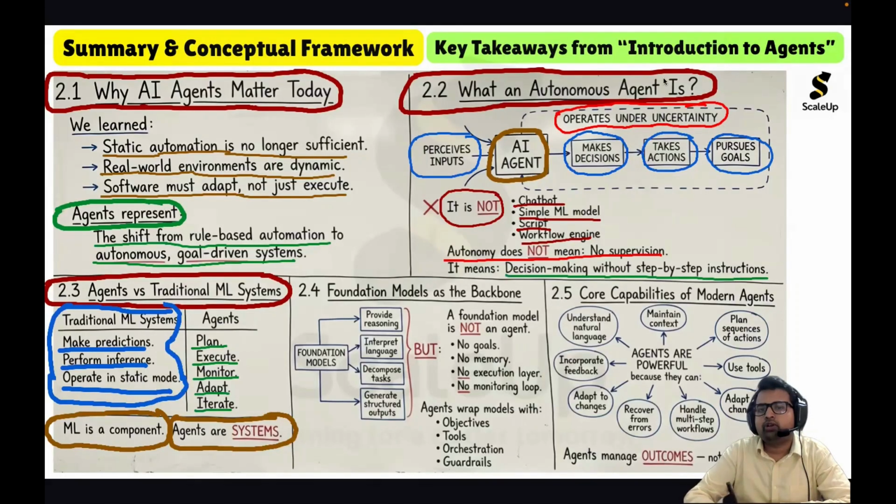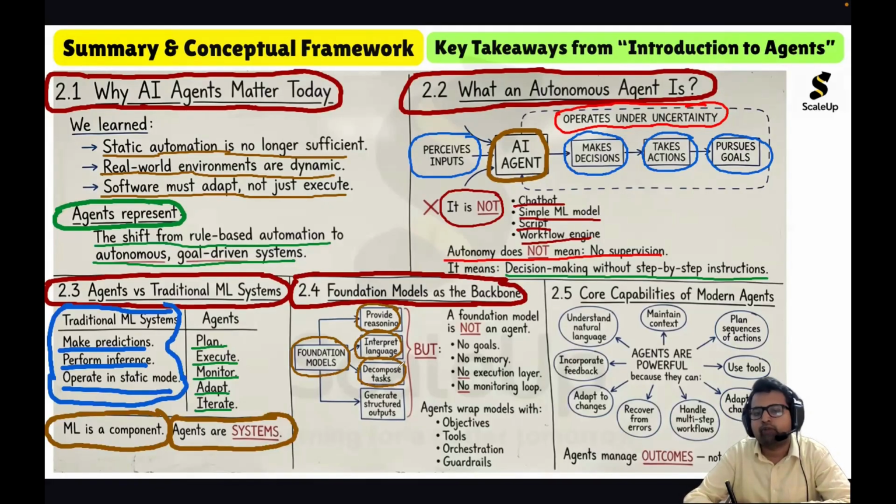Then in module 1, we looked into foundation models as the backbone of agentic AI applications. So we saw that foundation models, like large language models, are very powerful, wherein they provide reasoning. They can interpret natural language. They can decompose tasks. They can play a role in planning.